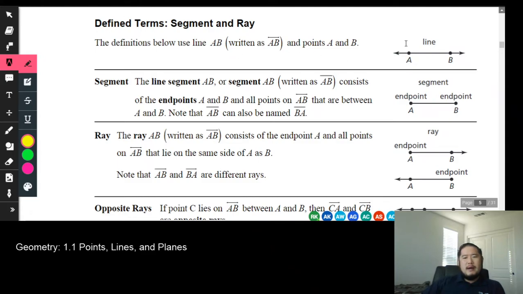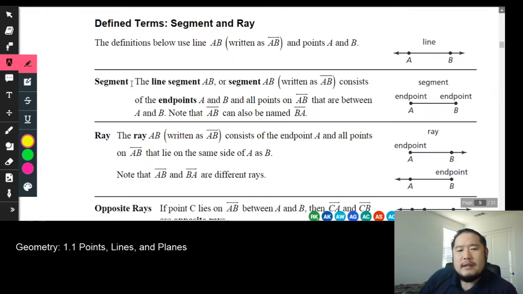So they talk about right here a few other nuances when it comes to the different segments or different parts of a line. Now, right here, once again, we said 2 points make up a line, so we have 2 points and we have arrowheads, and I know that this is line AB or line BA.